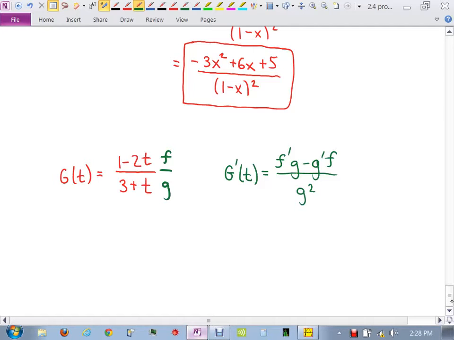Do you know the derivative of f and g independently? All right. What's f prime? Negative 2 times 3 plus t, that's g, minus derivative of g, 1 times 1 minus 2t all over 3 plus t squared.